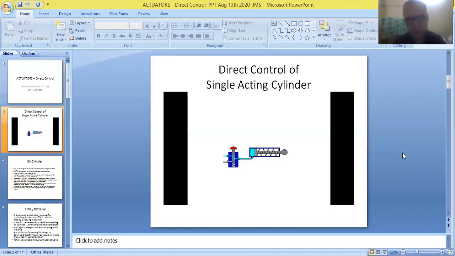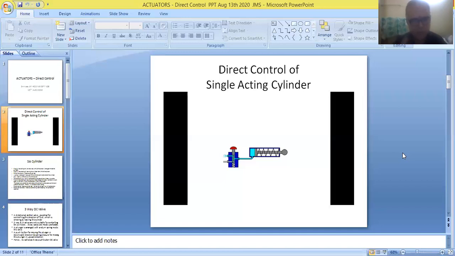So friends, generally horizontal cylinders are used for operating tools and spindles of machines.